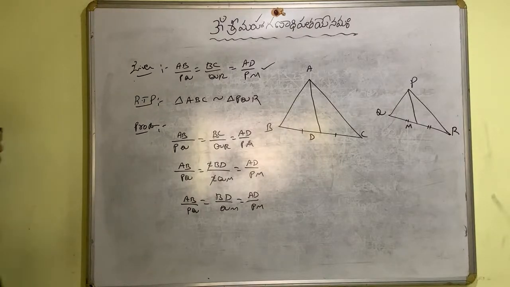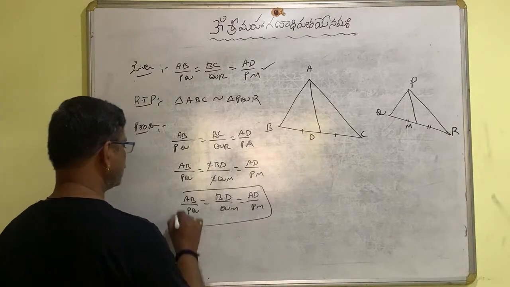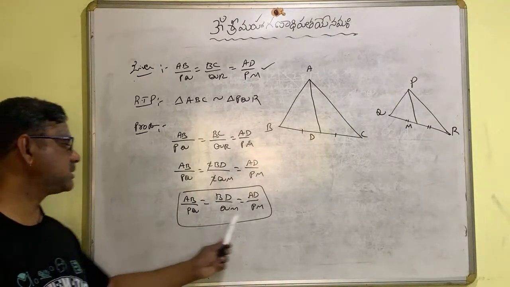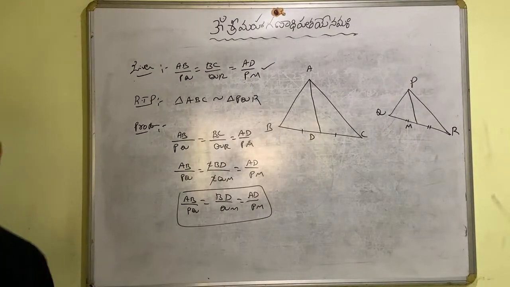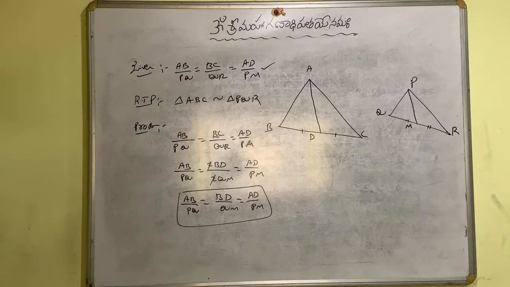Now children, observe these three ratios. We got these three are equal. Now observe these three ratios in the given figure: AB by PQ, BD by QM, AD by PM. So what is your conclusion?